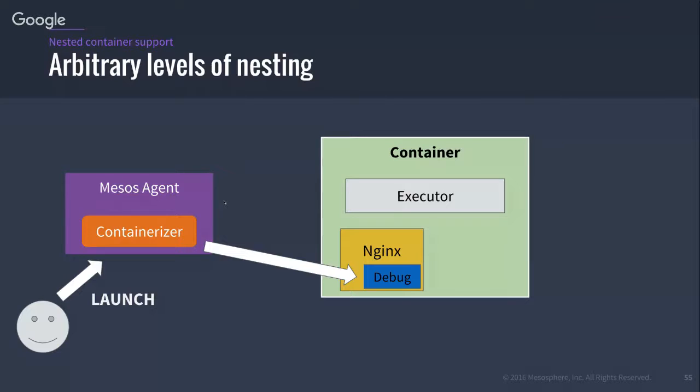We're in the process of building multiple classes of containers, where the default one would share all the namespaces except the PID and the mount namespace. Those get cloned new for your nested container. That's the pod use case. And we're now building a new class of nested containers called debug, which will enter all namespaces rather than clone any of them.